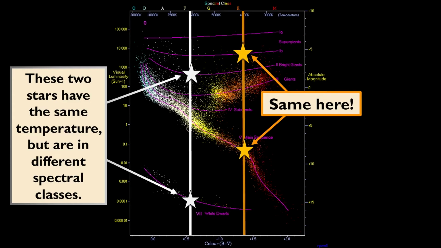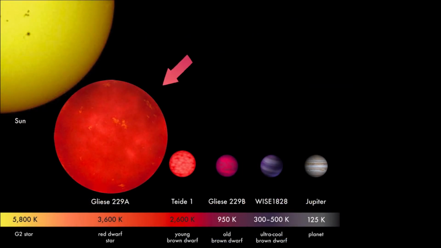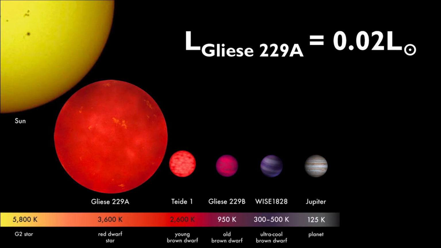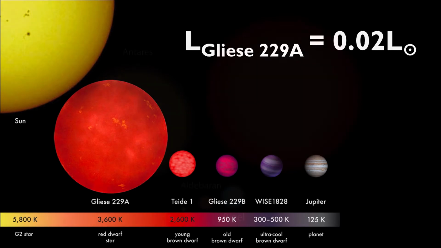Take, for example, Gliese 229A, a main sequence red dwarf star whose spectral class is type M1 and its temperature is 3600 Kelvin. Its luminosity is only 2% of the luminosity of the Sun, so it's very, very dim.